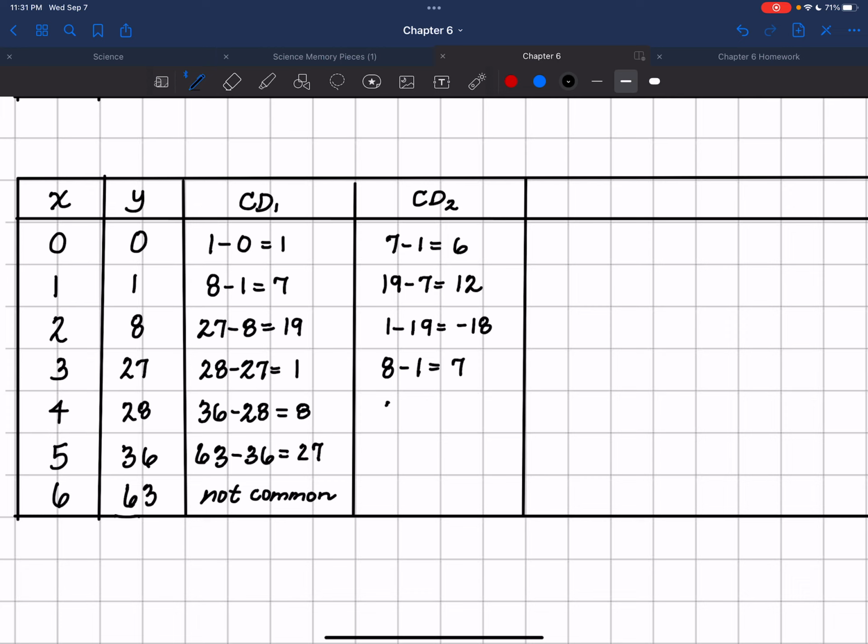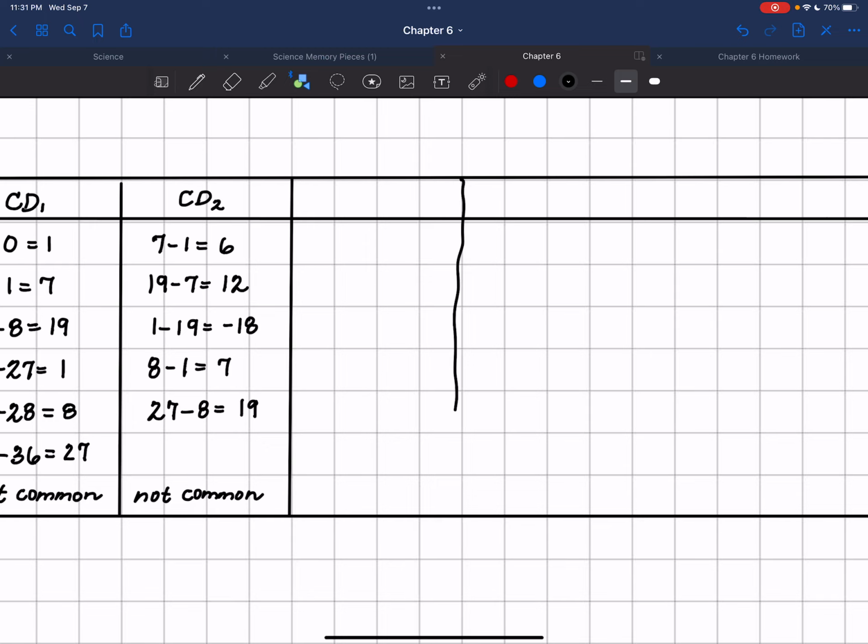And 27 minus 8 is 19. So it is not common at the second level. It's not quadratic.